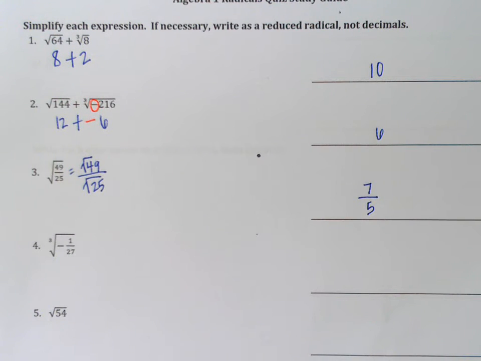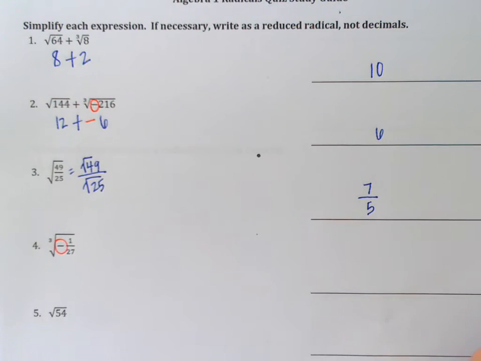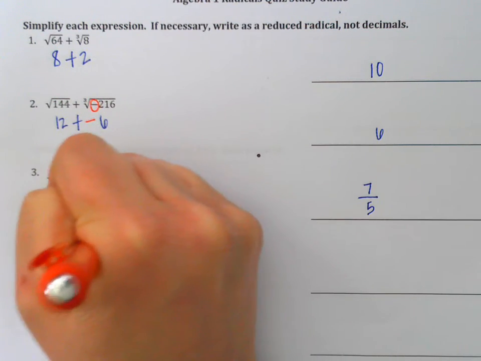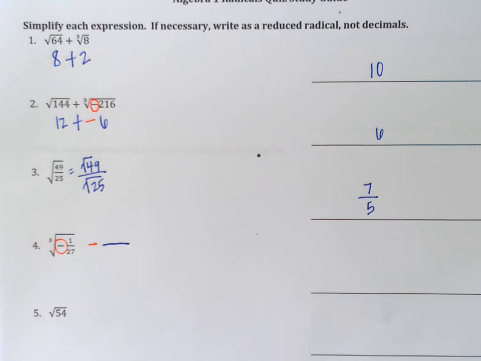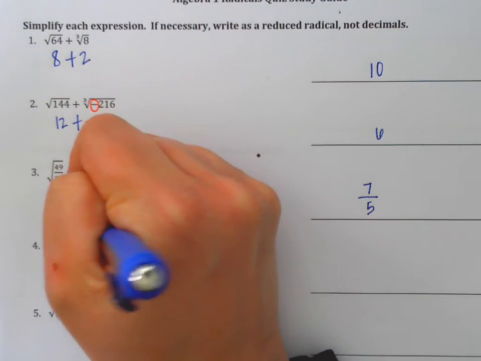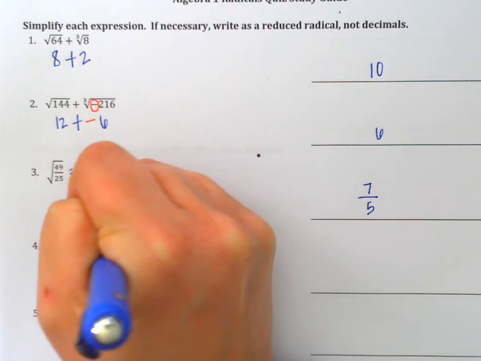Okay, and then the cube root of negative 1/27, first thing I think about is that negative. So right off the bat, I'm just going to bring that negative out because I know that no matter what, when I'm taking the cube root of a negative number, it's always going to end up to be negative. And then I can think about what's the cube root of 1?